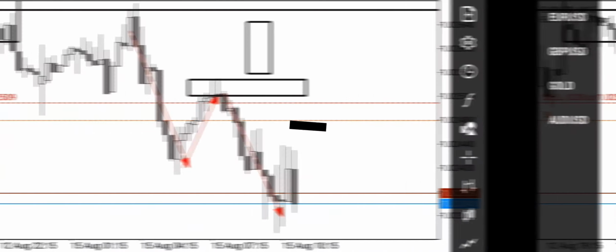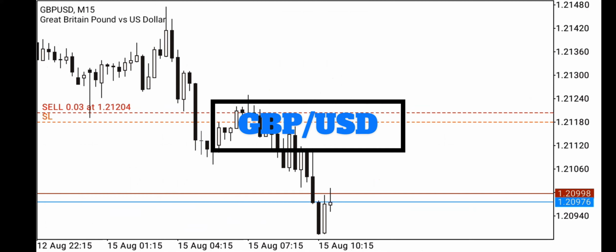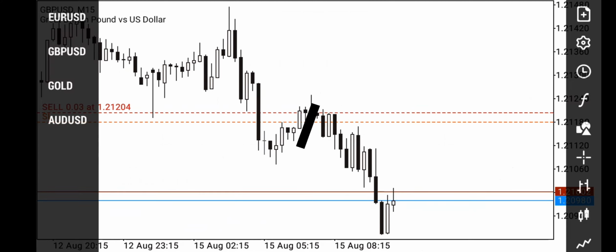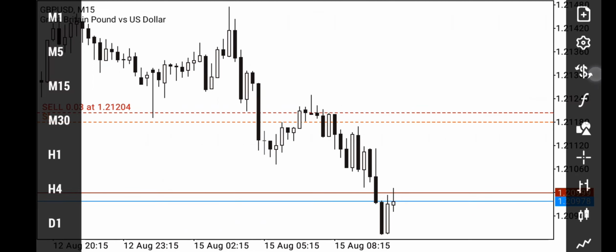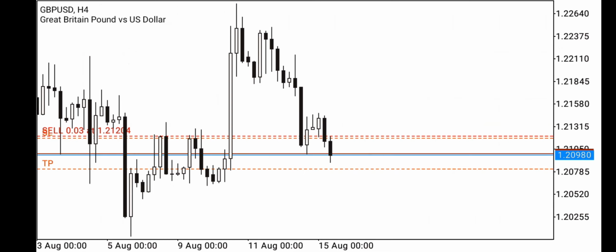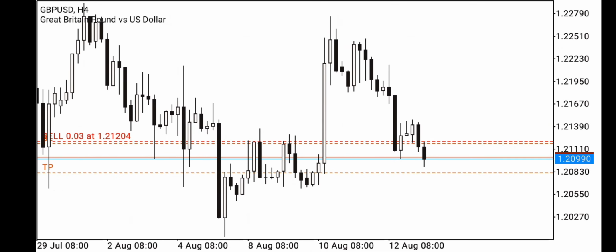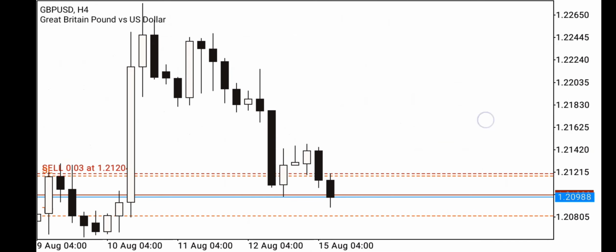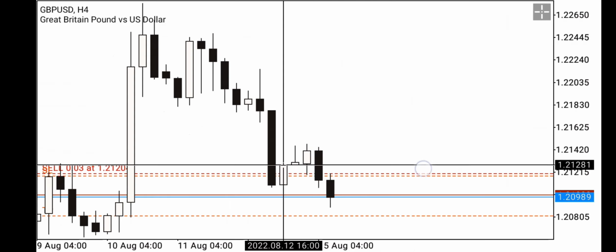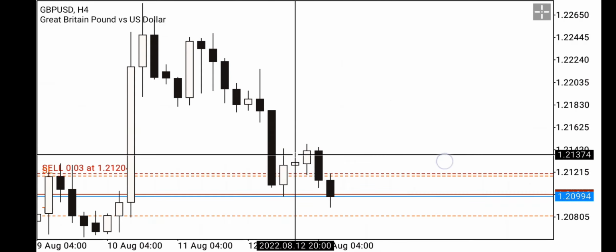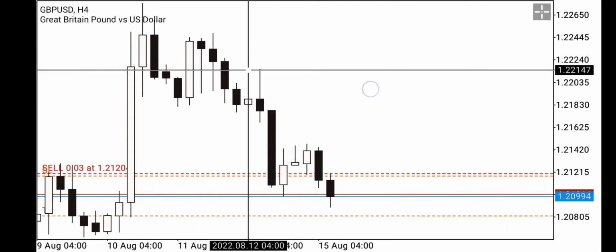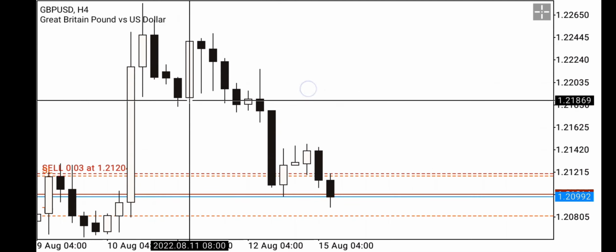And then moving on to GU, that's another one that I took. Now GU and Euro USD are beautiful pairs. They move almost the same to me, and you're gonna see what I'm talking about here. So what we had on Friday last week on GU, it pushed down, violated these levels here.